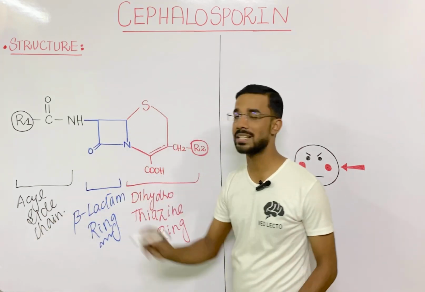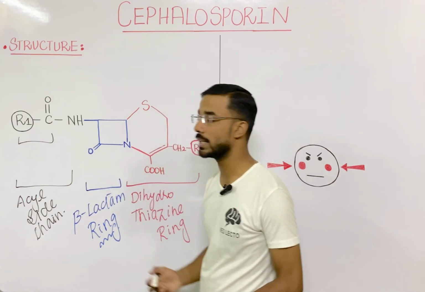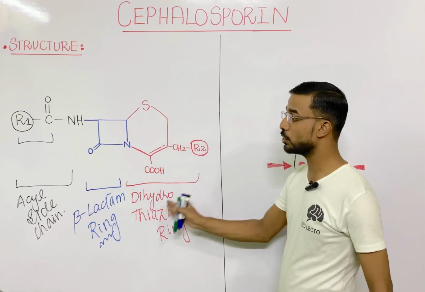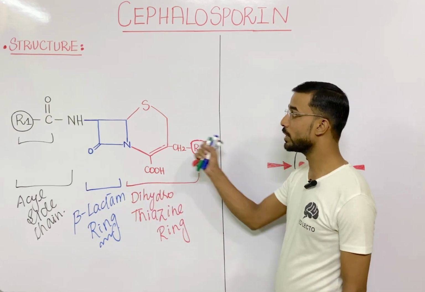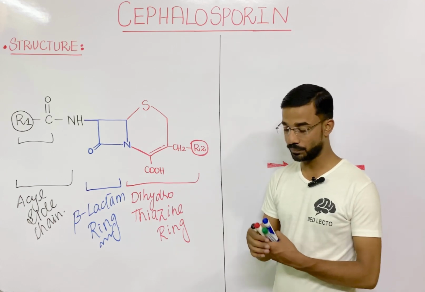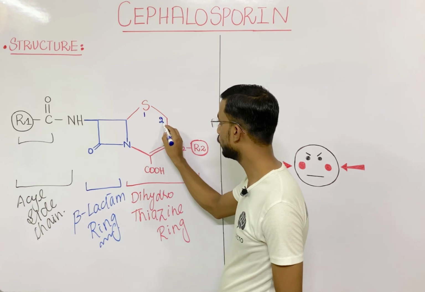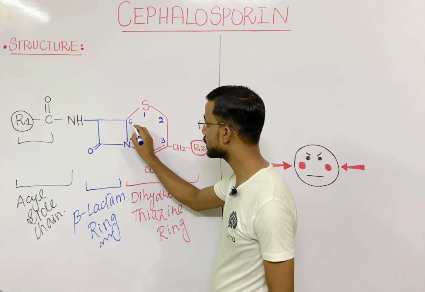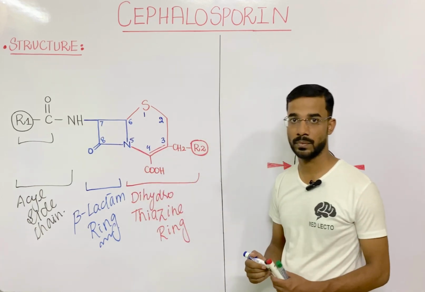Due to the presence of the acyl group, C double bond O and the R group, that is the acyl chain. So here are the three most important components of the cephalosporin. If we give numbers to the rings, that will be 1, 2, 3, 4, 5, 6, 7 and 8.